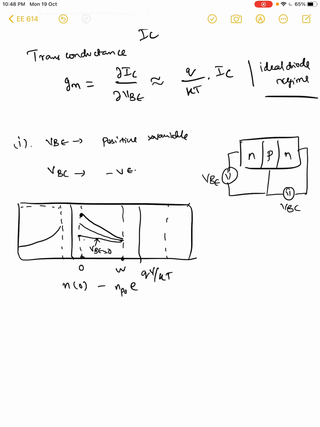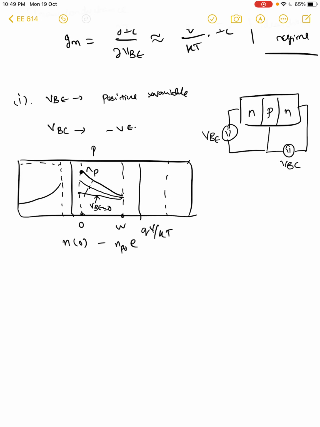As you increase the positive potentials, you increase the carrier concentration in the p type. So this is the p type base, and this is the normal mode of operation. Whatever carrier density is present at this point is drifted by this huge depletion width to the collector and collected. So this is the simplest, normal active mode.